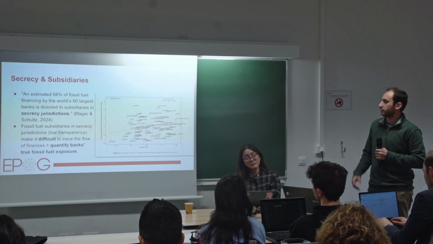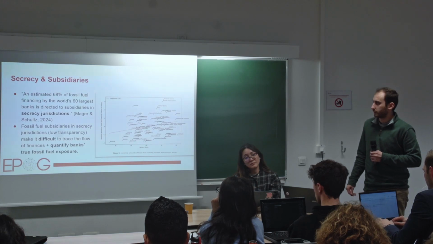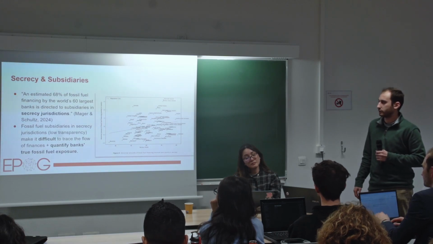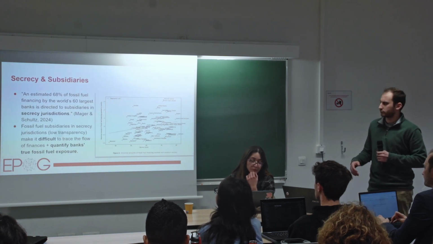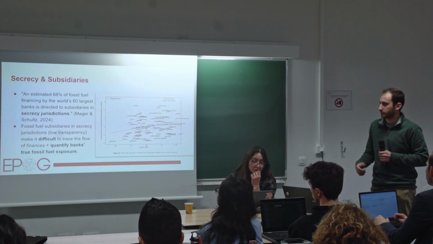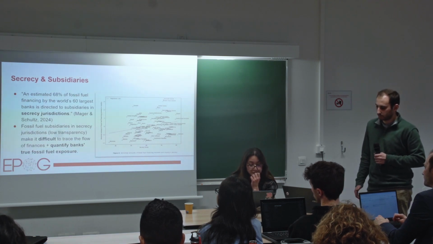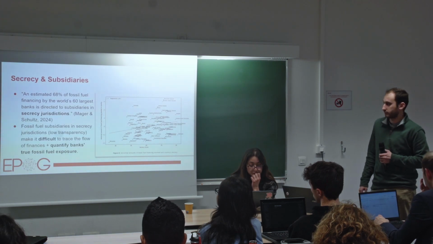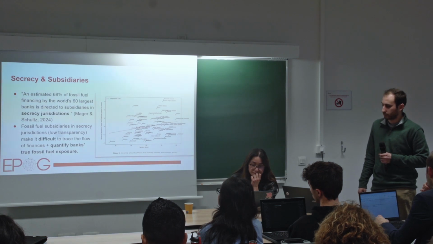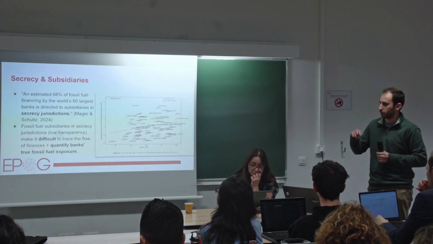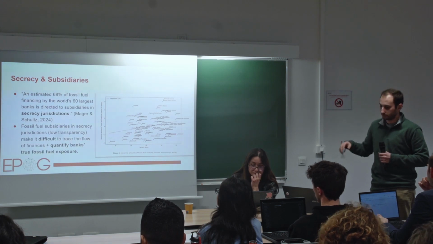It's estimated that approximately 68% of fossil fuel financing by the world's 60 largest banks is directed to subsidiaries in secrecy jurisdictions, and this makes it really difficult to trace the finances and also to quantify banks' fossil fuel exposure, which is also connected to the suggestion of prudential regulation in these two papers.